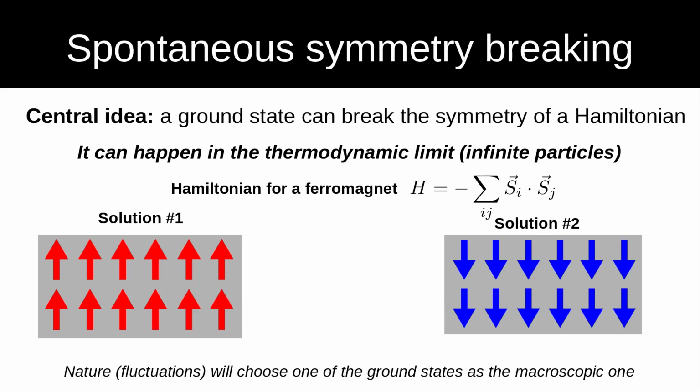Your Hamiltonian had initially equivalent solutions, but each individual solution of this Hamiltonian is not symmetric. And this is what spontaneous symmetry breaking means. And this is something that happens very, very often once you have many-body interactions, once you have correlations in a certain material.